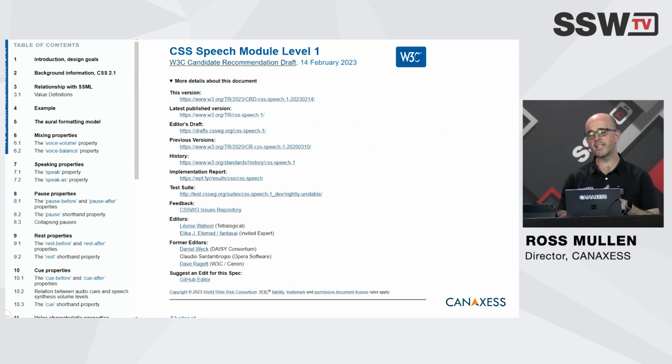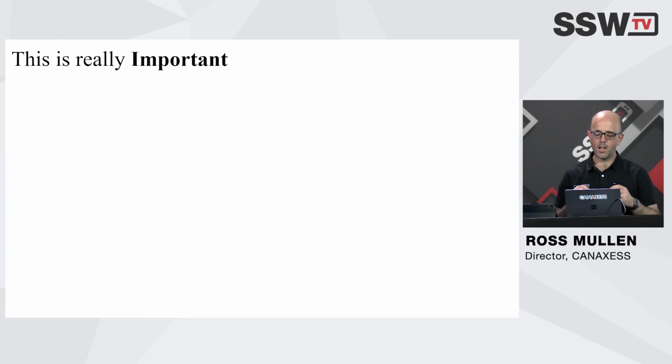An emerging development on the web is the CSS speech module, which provides the ability to add emphasis to audible content. The big problem though with screen readers is when they audibly announce content, there is no nuance with the synthesized voice.